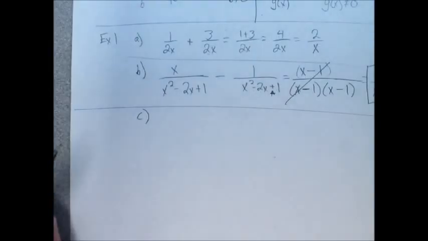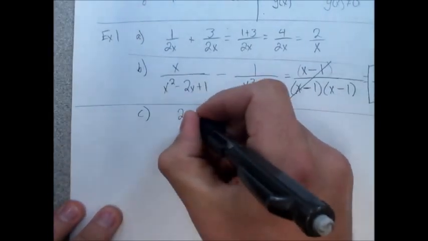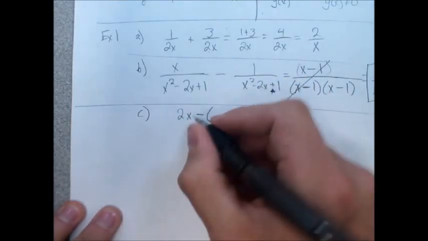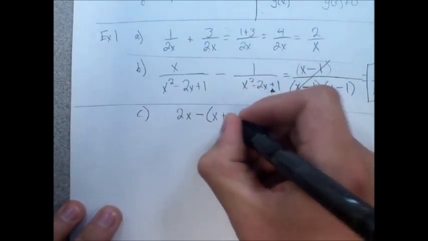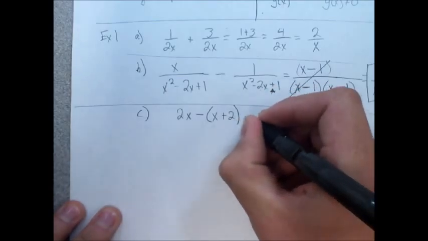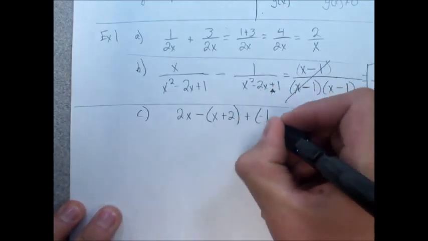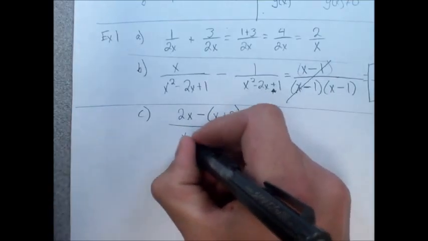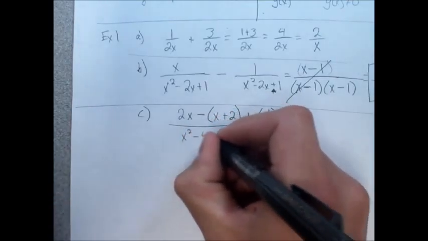So when I write this down, it's going to look like 2x minus, and I'm putting this in parentheses because I have to distribute out this minus in a second, (x plus 2), close parenthesis, plus a negative 1. And then it's all over that common denominator, which was x squared minus 4x plus 3.